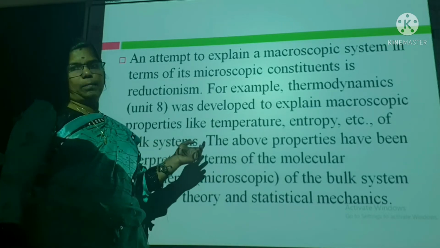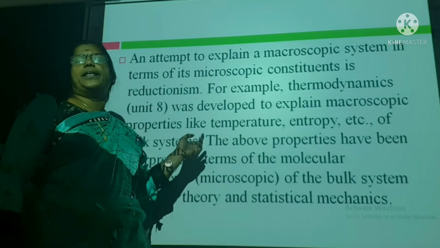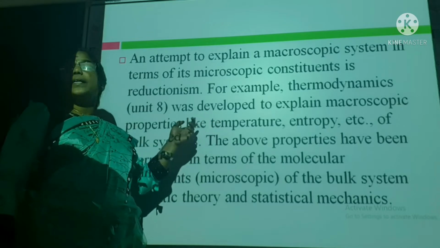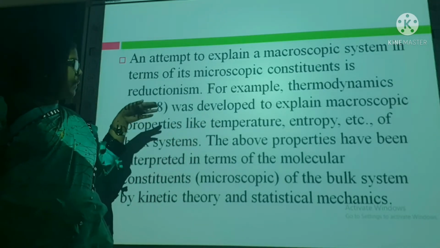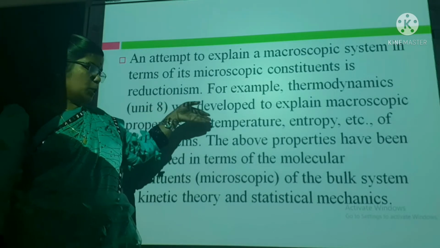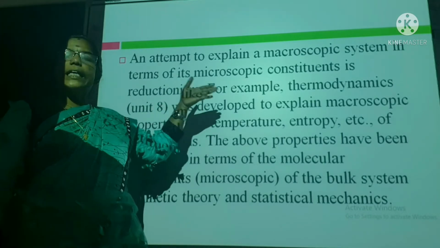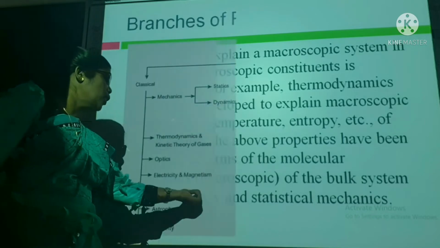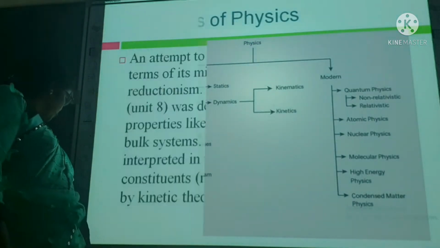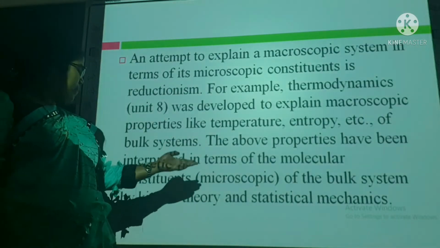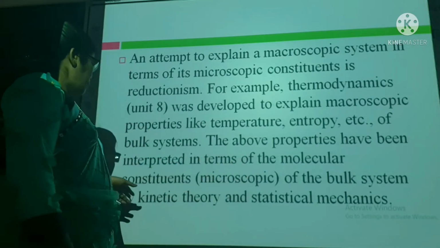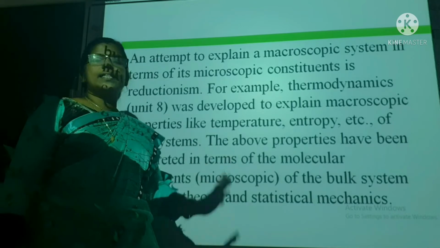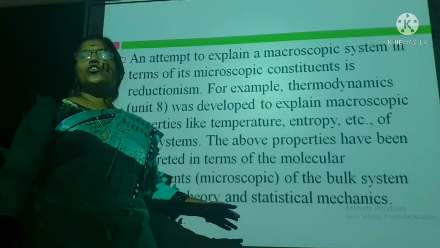of bulk systems. Macroscopic properties, temperature, entropy, pressure, these are all macroscopic things. These properties can be explained in terms of the microscopic constituents of the bulk system by kinetic theory and statistical mechanics.